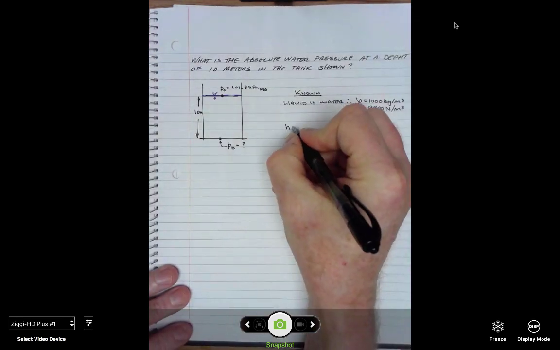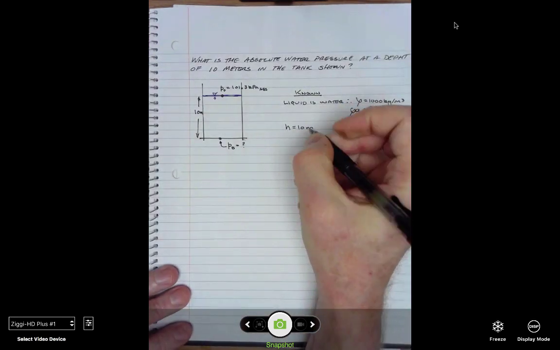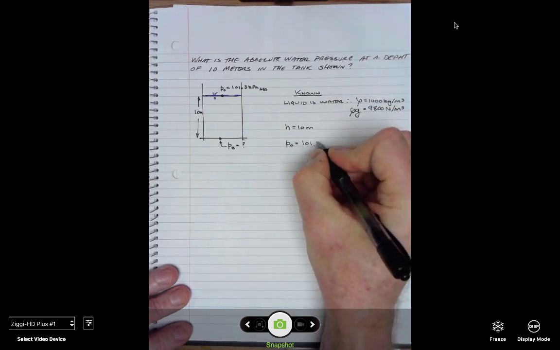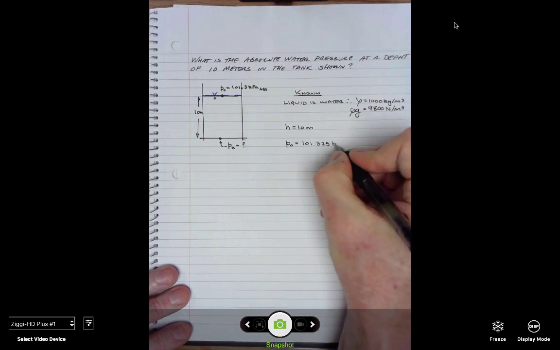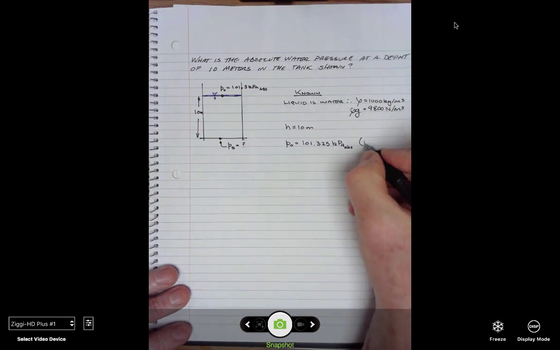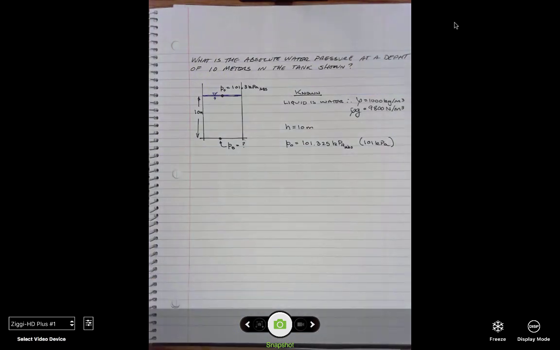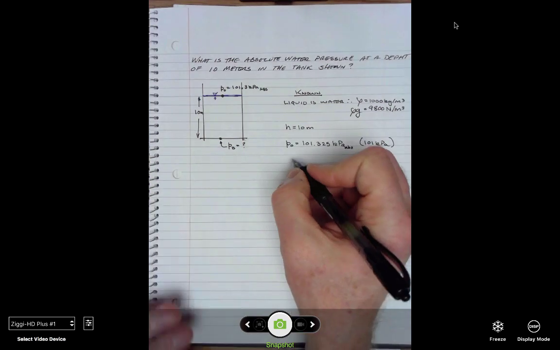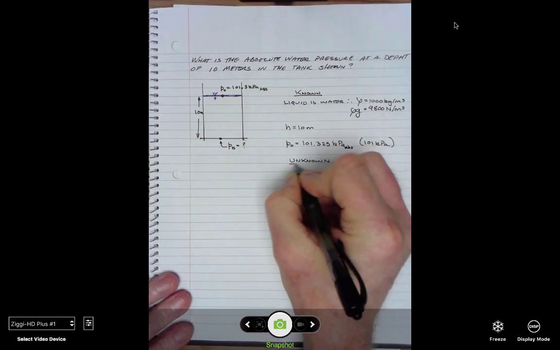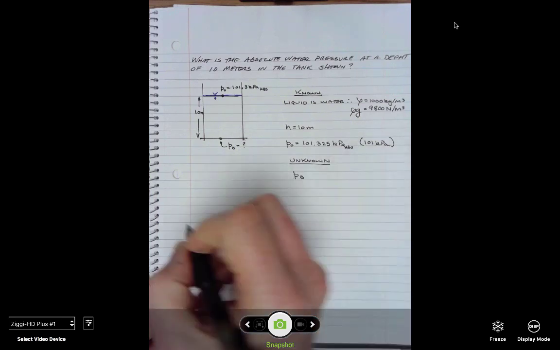The depth is 10 meters, given. The atmospheric pressure is 101.325 kilopascals absolute. I'm going to use 101 kilopascals because that should be close enough. That's at standard temperature and pressure. Governing equations, well, let's see what's unknown. Unknown is pressure at the bottom.